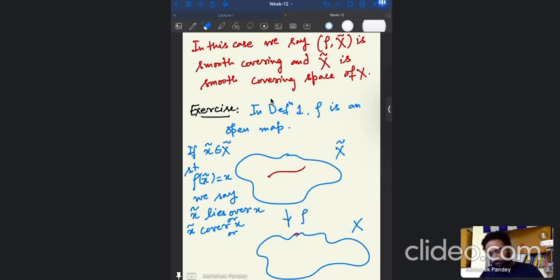Okay, so here is your point x tilde, and this is a curve passing through this one beginning at x tilde. So now you will get a curve rho of gamma. Let us say this is gamma and this is your point x. So you will definitely get a curve in X starting from x.